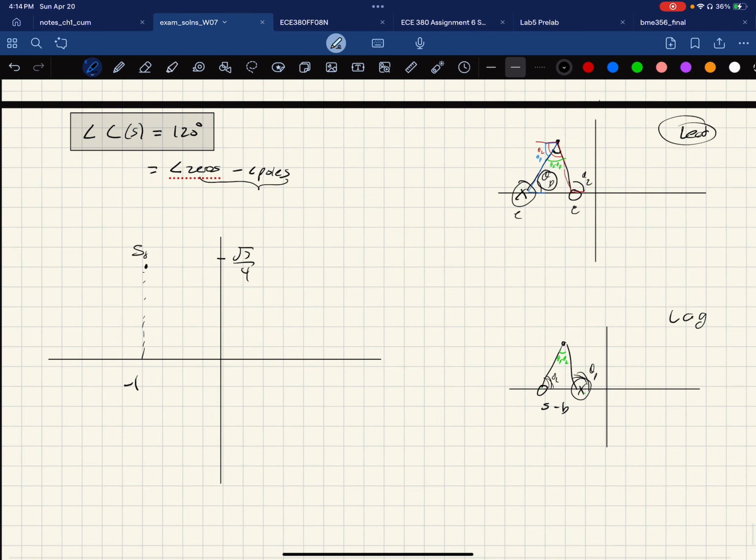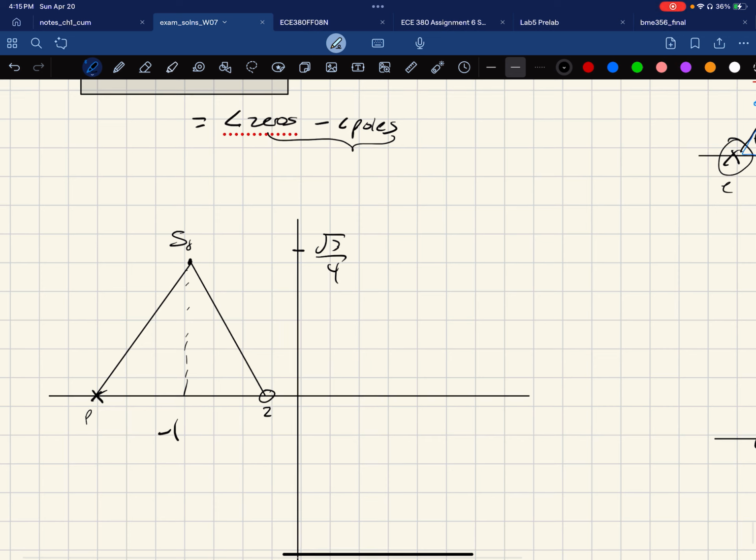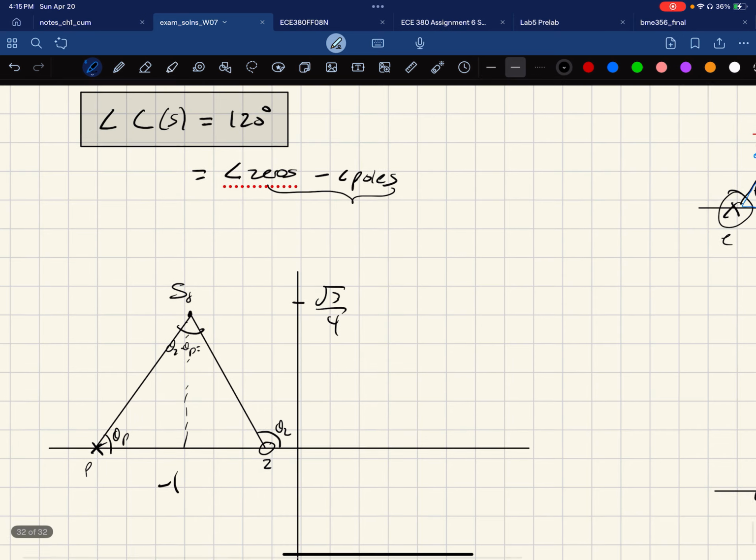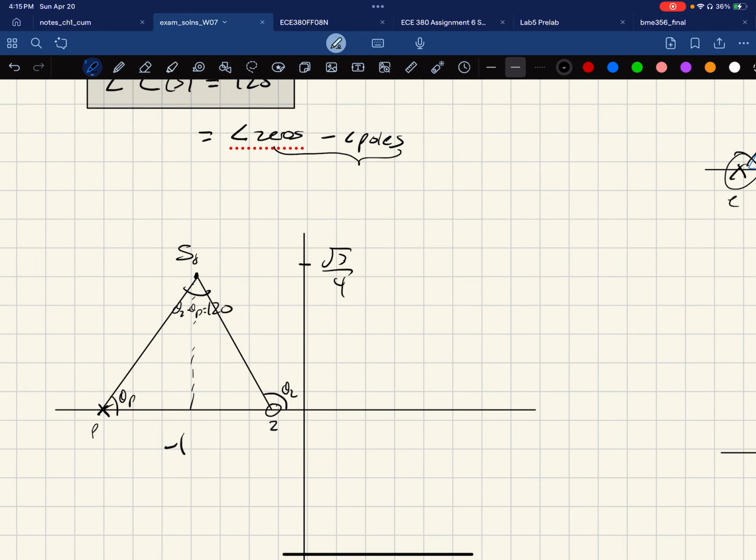And I know that the angle difference, theta z minus theta p, in the lead compensator, is going to be 120 degrees. The guy on the right is a zero, the guy on the left is a pole, because I'm using a lead compensator for all the reasons described earlier.